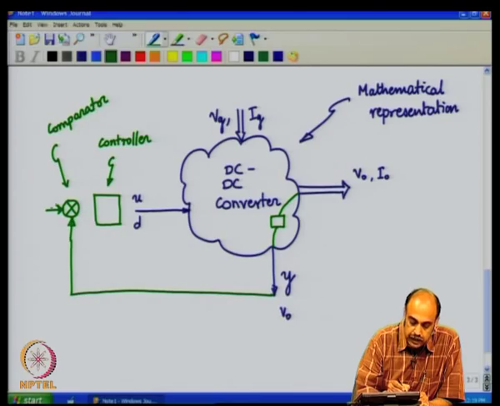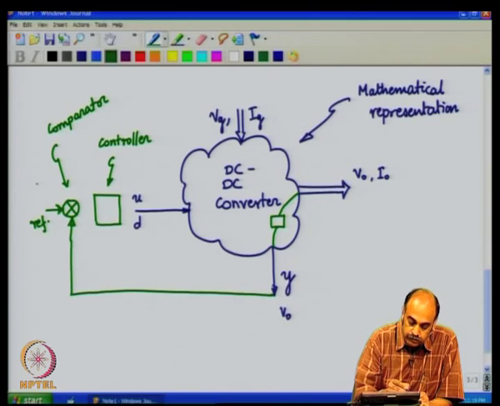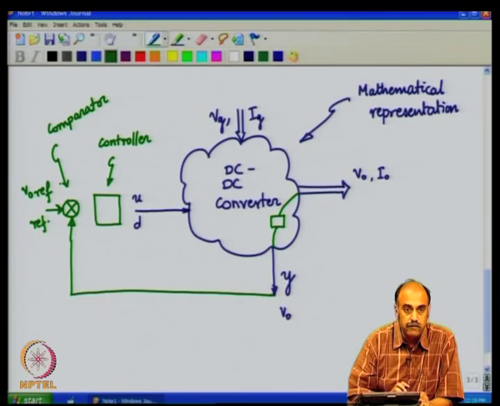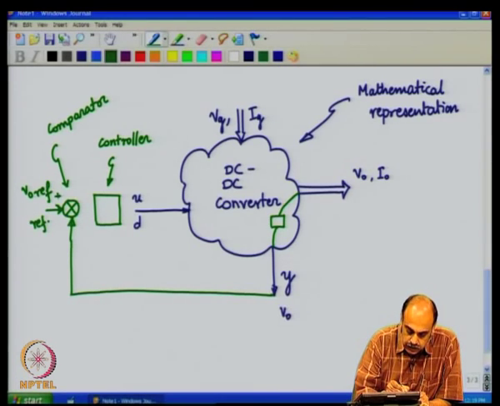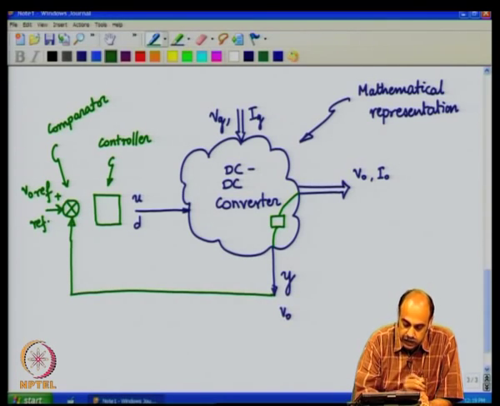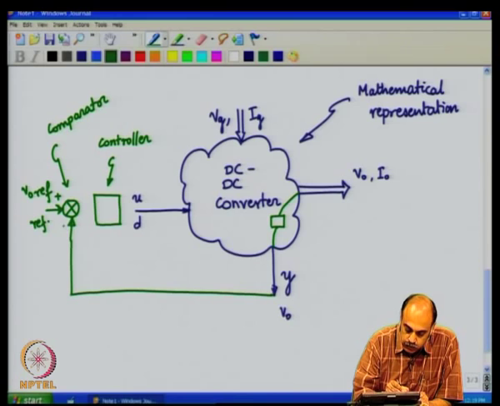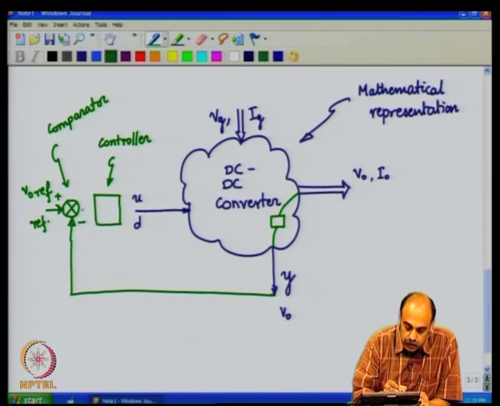Now, to this comparator, we need to also give a reference. It could be an output reference signal or a value, which is given as a positive or in phase input, and to that reference we are subtracting the feedback signal to get the error.